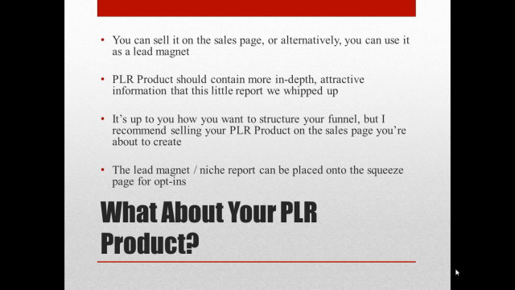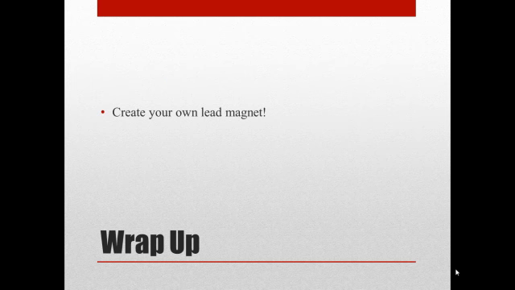Once opt-ins come, they'll be taken to both the download page and the sales page. The sales page will be the more attractive product that we're going to be selling, the PLR product. So that's about it. There's not much left to talk about in this video. Just create your own lead magnet, get things going. I'll see you in the next one.